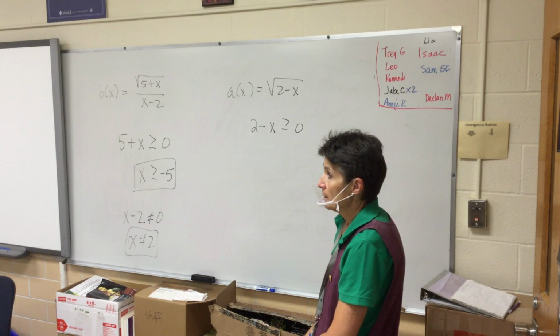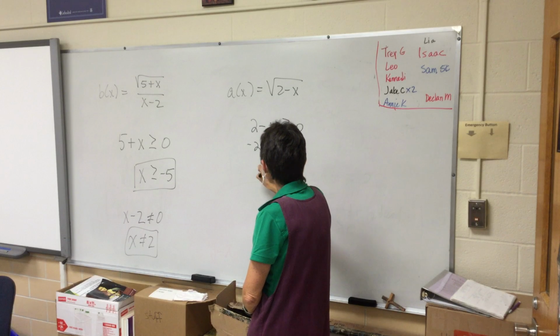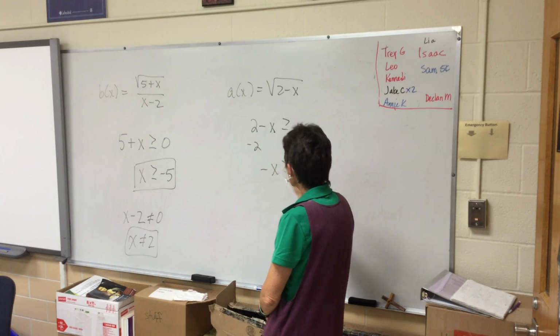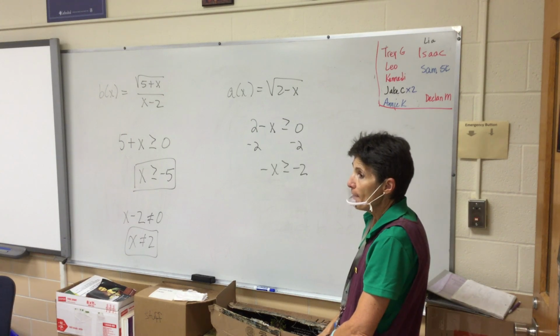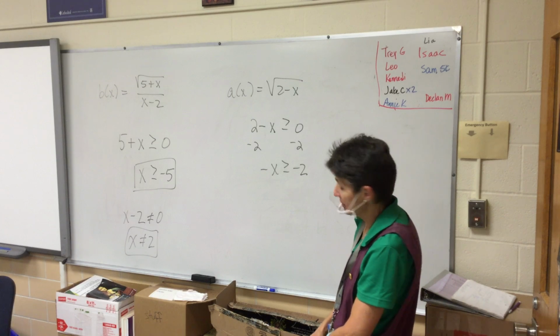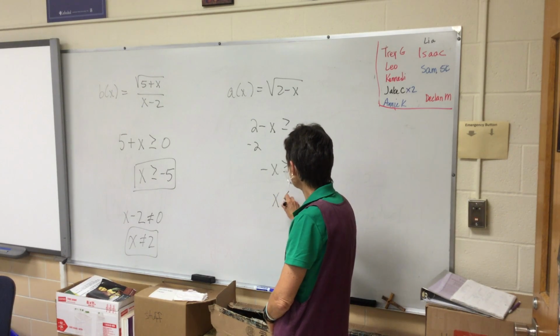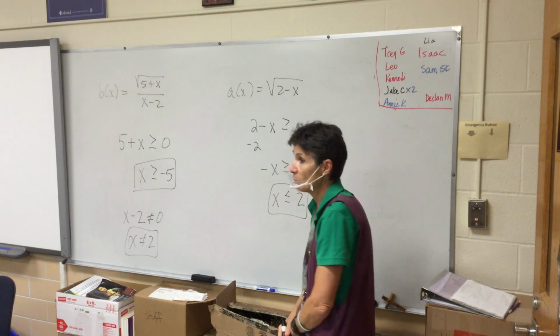Now, when we solve this, we have to be careful because we're going to subtract 2 from both sides. But then we're going to have to divide by a negative, and dividing by a negative switches my inequality.